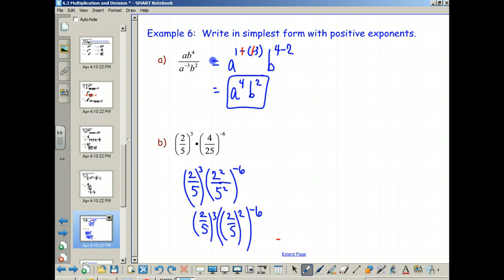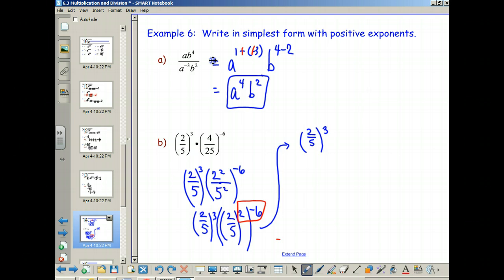I like it written that way. The reason I do is because I end up having, up here, well, let me rewrite the first part, 2/5 cubed. Then I can actually combine these two with multiplication. And that is property number 4, I believe.